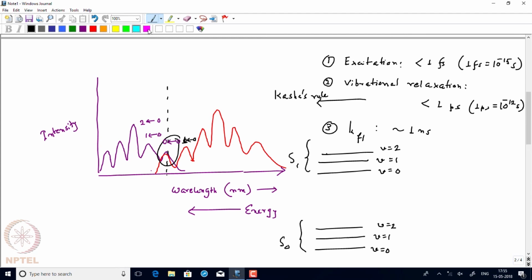And then we had vertical transitions arising from V equal to, say, 0 to 2, 0 to 1, 0 to 0, because everything actually starts from here, and then there is a rapid relaxation to V equal to 0.